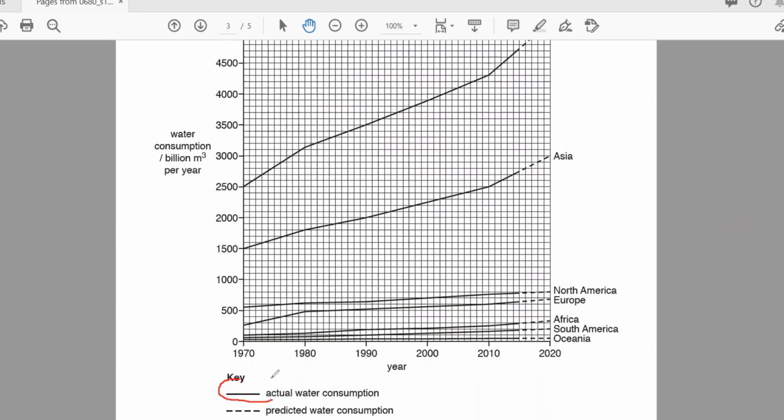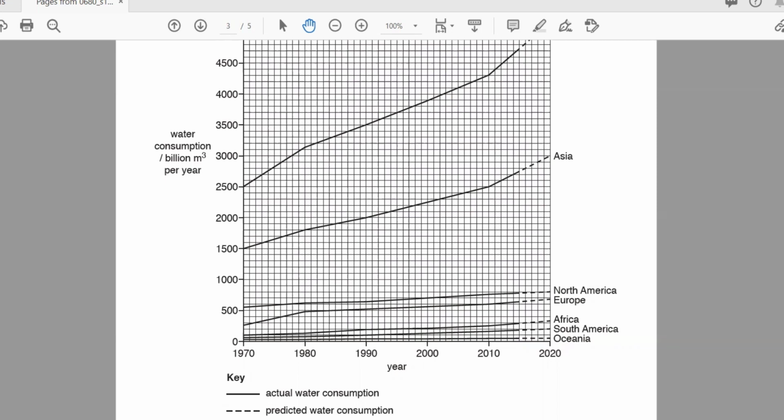This line shows actual. This is predicted. Actual is how much till here, and all this dotted one is predicted. So don't confuse yourself. I told you whenever there is a diagram, a graph, a picture, anything, first see the key, what the key is showing, because these lines and symbols are really important. Okay, Lean. So what is the first question?